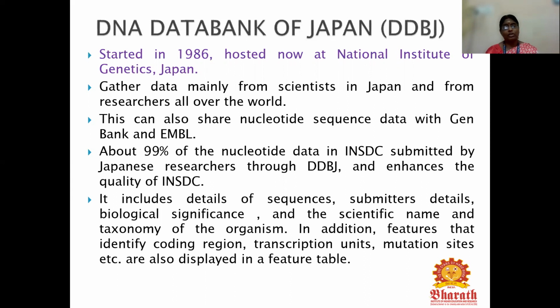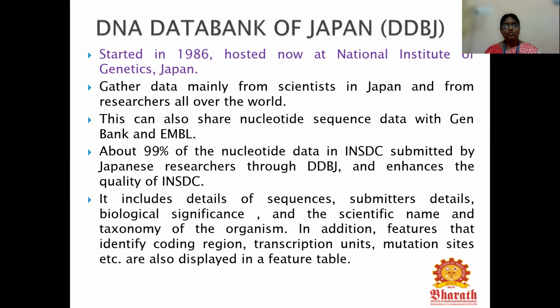We have to give all the details, and they will create one data bank entry in our name. After they create it, we will get the accession number for the sequences we are depositing. It should be authenticated. After it is authenticated by the researchers or team members of the DNA Data Bank of Japan, we will get the information.